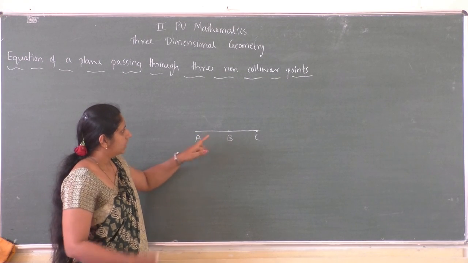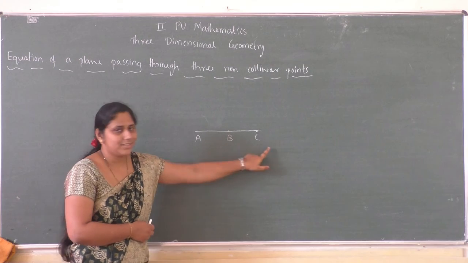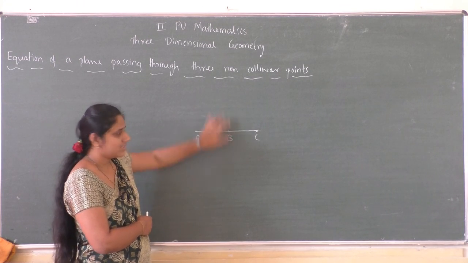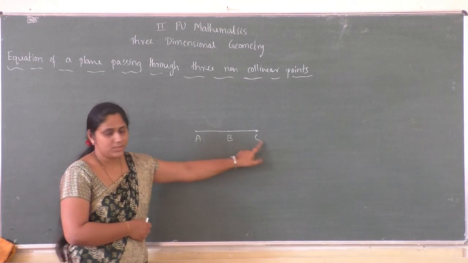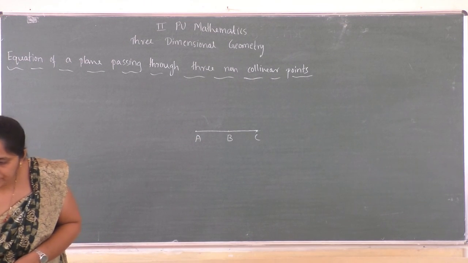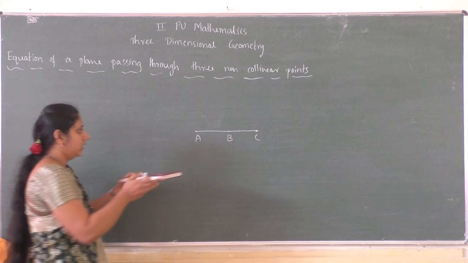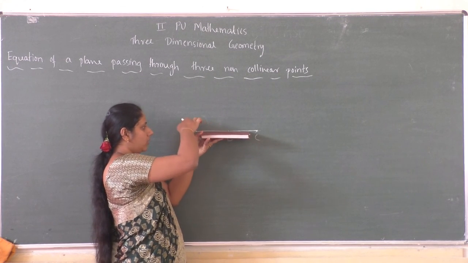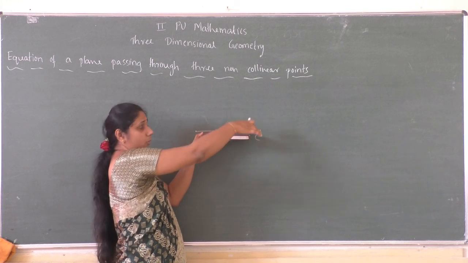See, for example, A, B, C are 3 collinear points. The board itself is one of the planes passing through these 3 points. Or if I consider a plane like this, the plane is also passing through these 3 points, right?